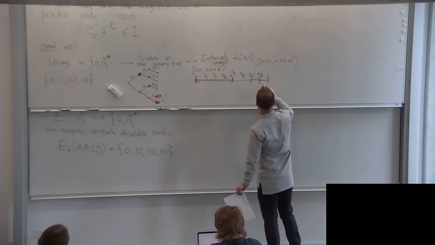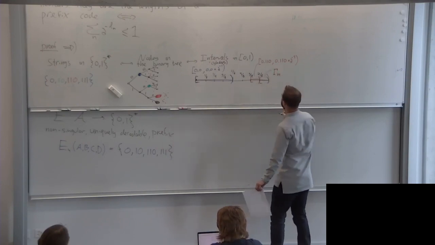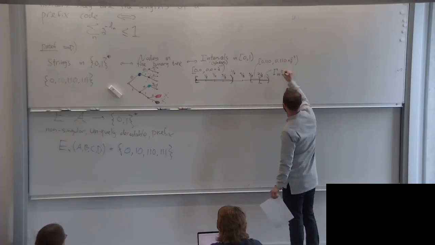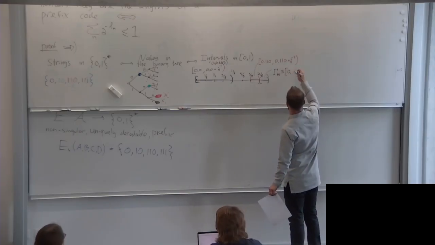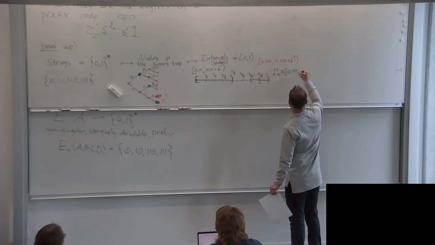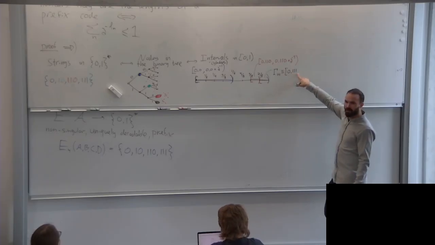And this will be the cylinder associated with, we usually call it gamma 111, which by definition is 0.111. I'm really writing down a real number, right? It starts with a 0 and then a dot, and then I'm in binary expansion, so that's its first binary digit, second binary digit, third binary digit. I assume that you know how that works.